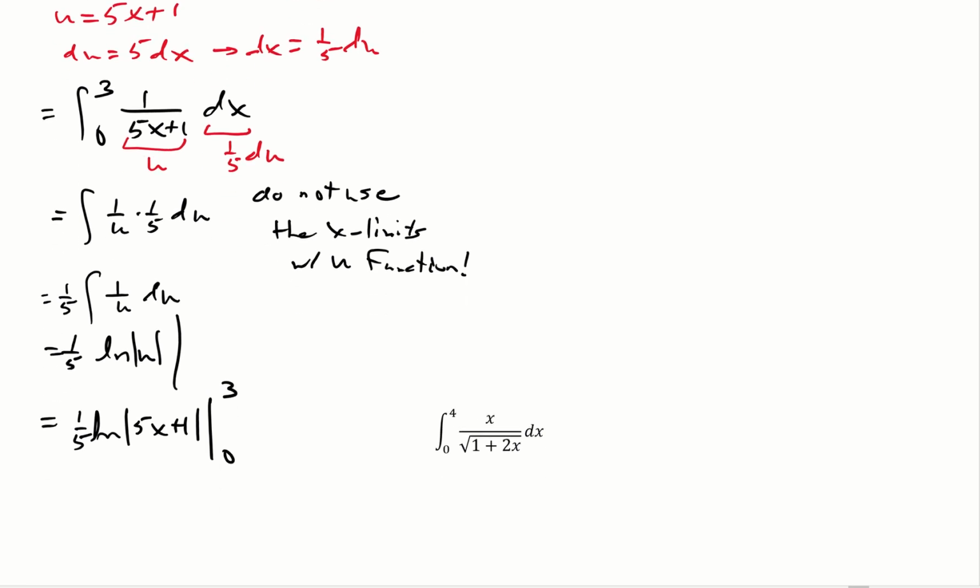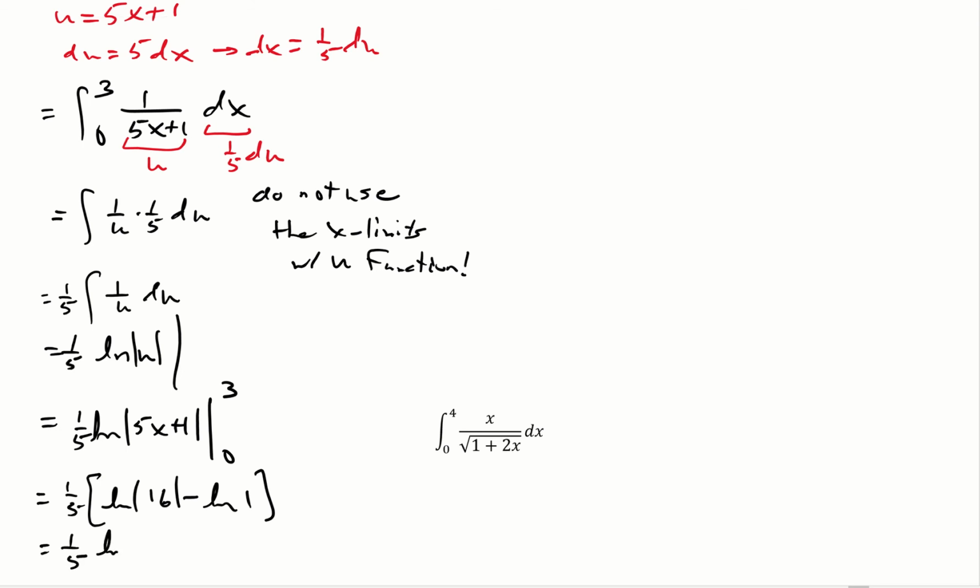And we apply them. So we have 1/5, and in the bracket we have the natural log of the absolute value of 3 times 5, which is 15, plus 1 is 16. And then minus the natural log of 0 plus 1, or just 1. In a previous example, we found that the natural log of 1 is 0.